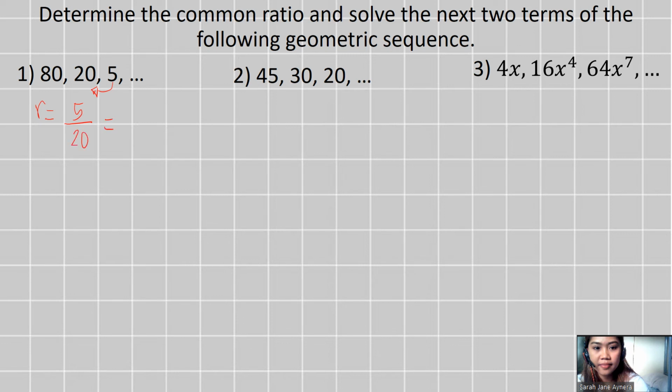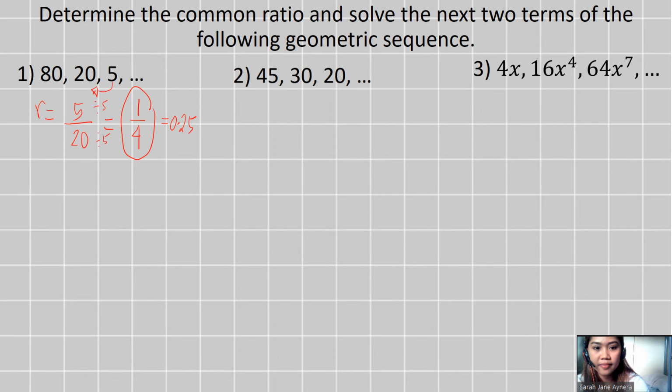So, the common ratio is 5 to 20, and we can still get the lowest term of 5 over 20 by dividing the numerator and the denominator by 5. So, this will become 1. This will become 4. This is the lowest term. So, the common ratio is 1/4. Or, in decimal, this is 0.25.